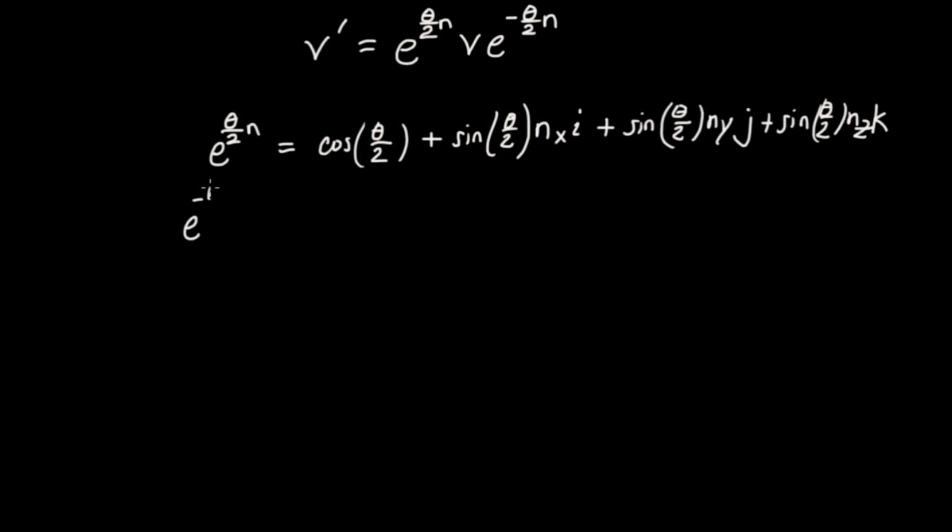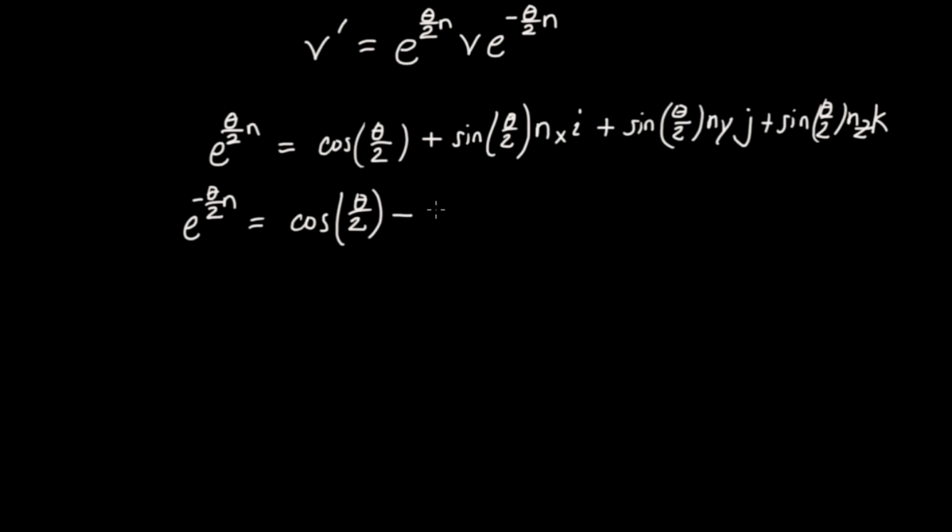And correspondingly, e to the minus theta over 2 times n, just putting the negative signs in where they need to be placed, I'm going to have cosine of minus theta over 2, but that's just equal to cosine of theta over 2, because cosine is an even function. Now, here, here, and here in the signs, remember sine is an odd function, so I can yank the minus sign right out front.